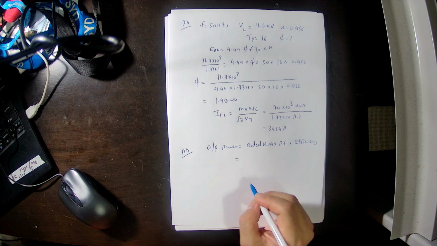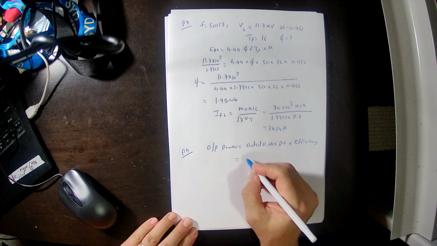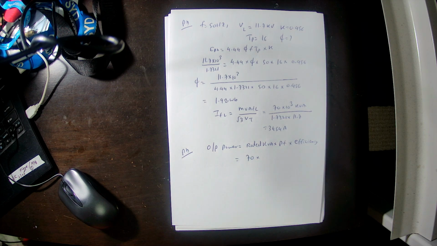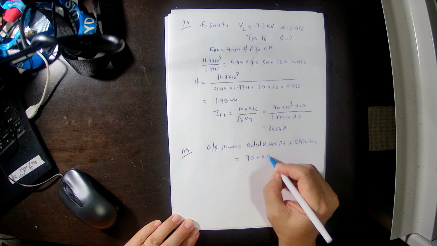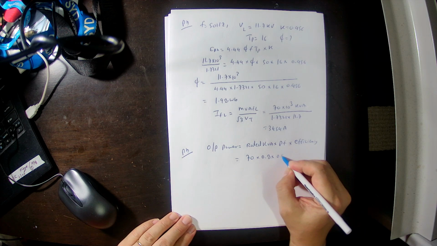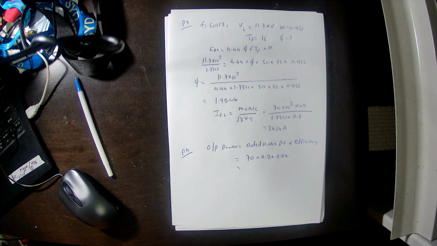The rated MVA we already know: 70 MVA, multiplied by power factor 0.8, efficiency 92%, so multiply 0.92. Then we can calculate: 70 multiplied by 0.8 multiplied by 0.92.